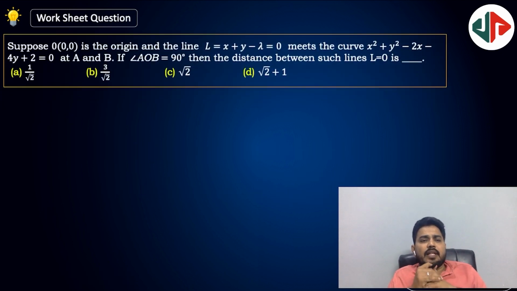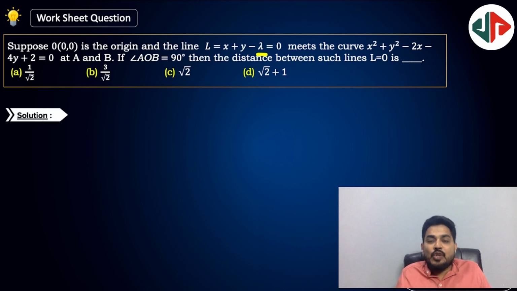Suppose (0, 0) is the origin and the line meets the curve in two points A and B, and angle AOB is 90 degrees, then find the distance between such lines. So here maybe lambda may have more values. This is the curve.